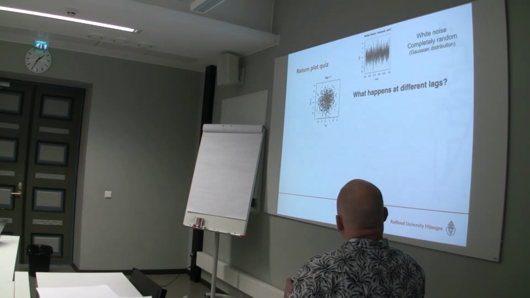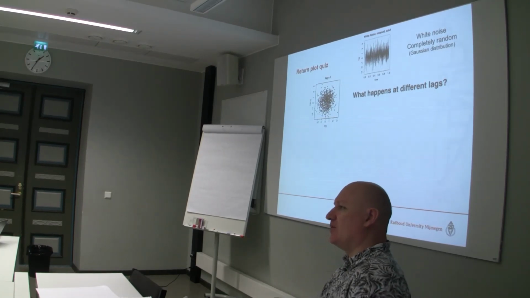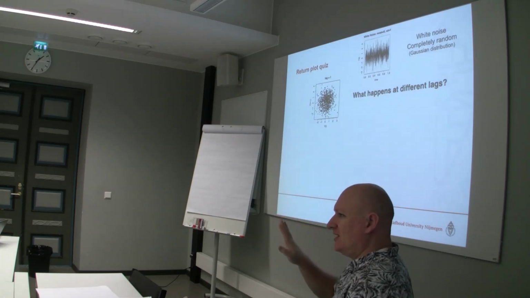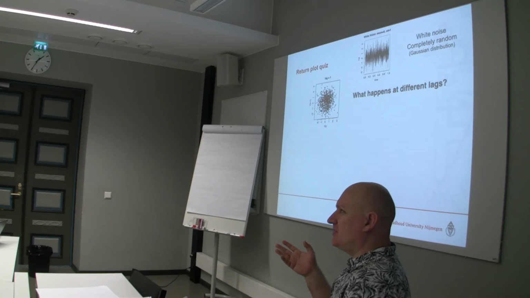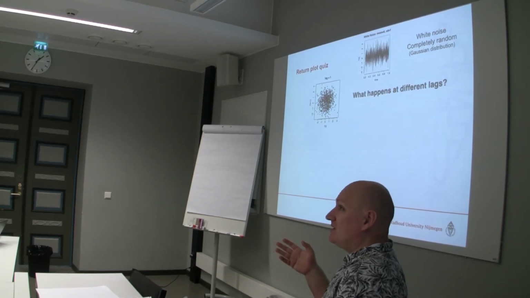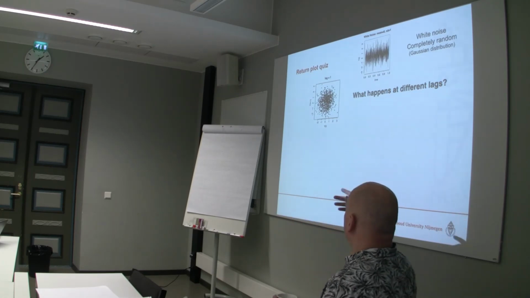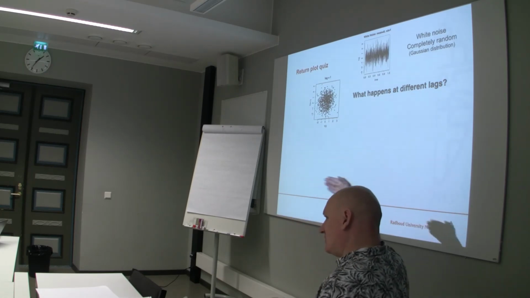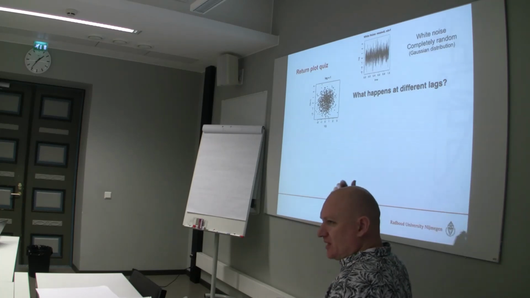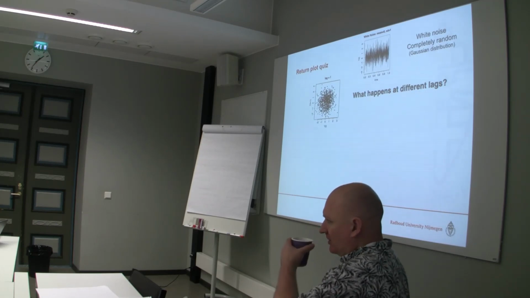But we can now ask, this is at lag 1, but what happens if I shift it by 2, or 3, or 4, or more? Basically, I want to investigate whether there are different correlational structures if I look at larger lags in time. But this is white noise, so what do you expect for lag 2 or lag 10?